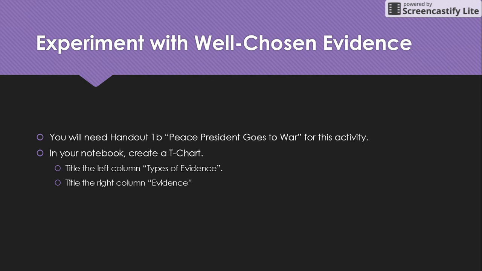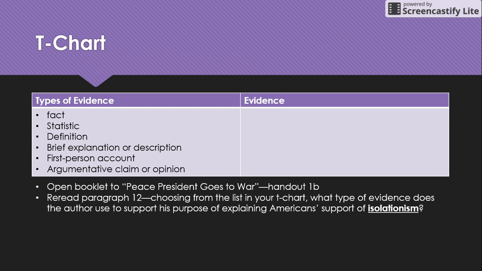The left column should be titled types of evidence, and the right column should be titled evidence. It should look something like this. In your box for types of evidence, list the ones that I have down here: fact, statistic, definition, brief explanation or description, first person account, argumentative claim, or opinion.